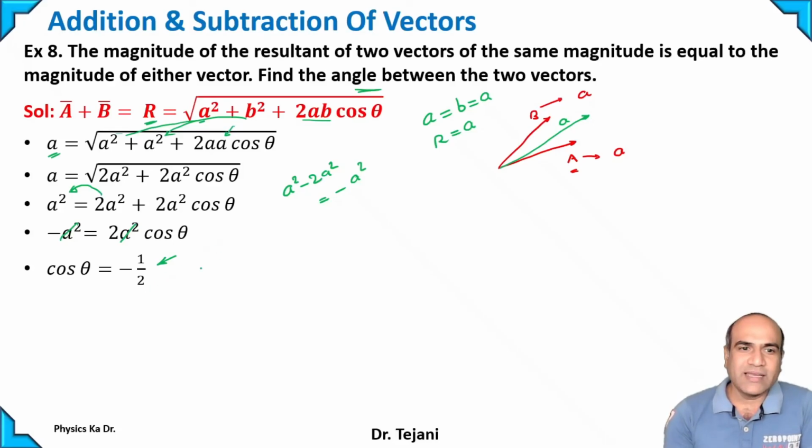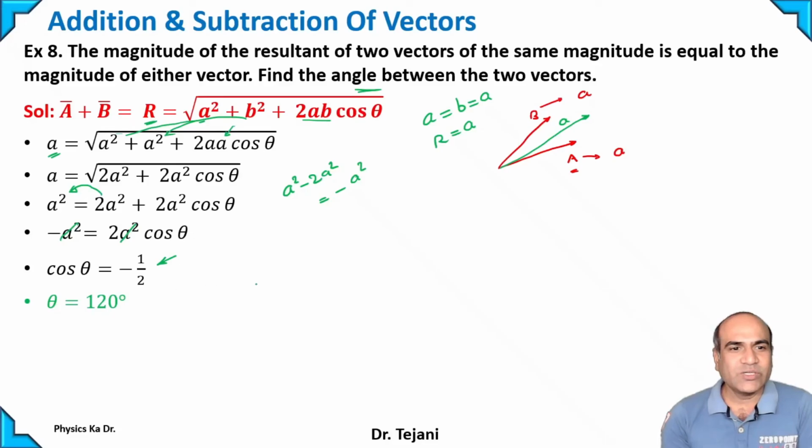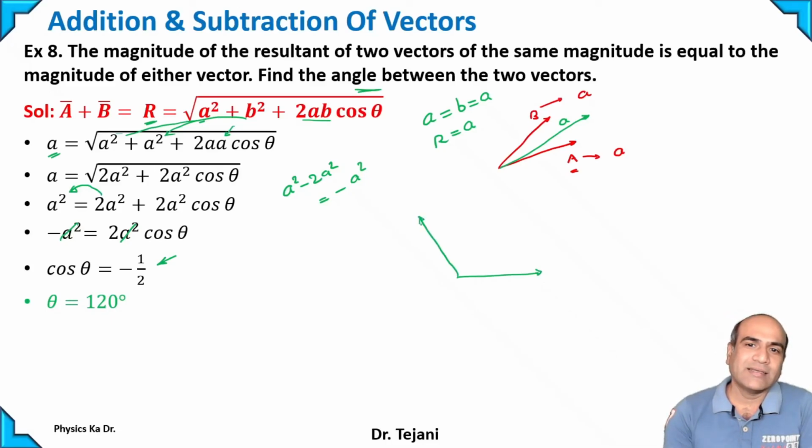If it is minus, then which angle? Which quadrant is required? Tell me. Second, the correct answer, yeah. So theta becomes 120 degrees. So at the angle of 120, say for example, this is vector A and another is B vector. Both have similar magnitude.